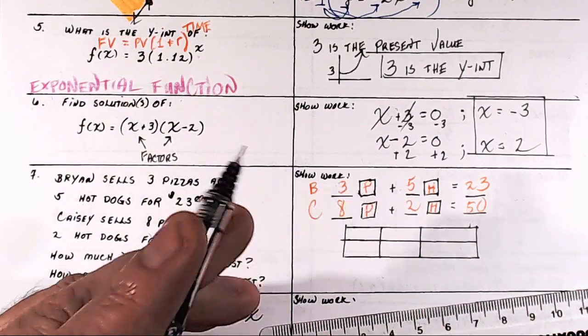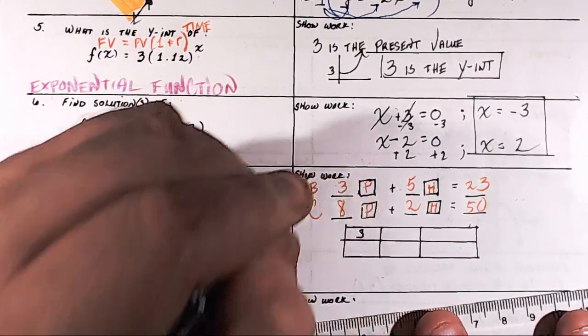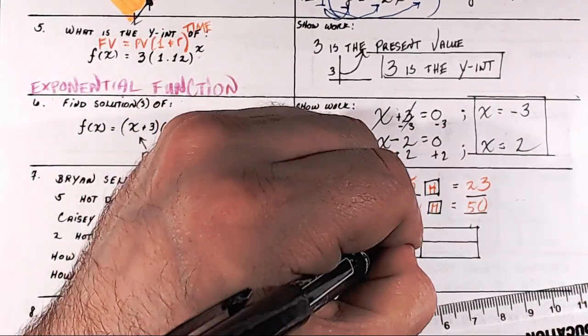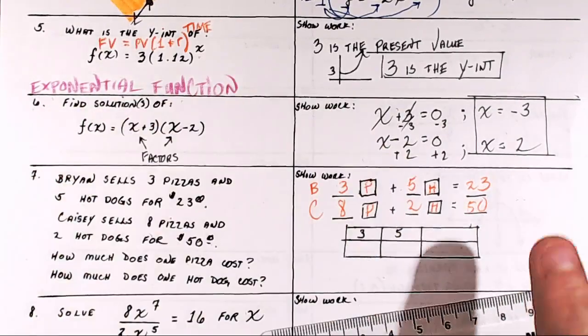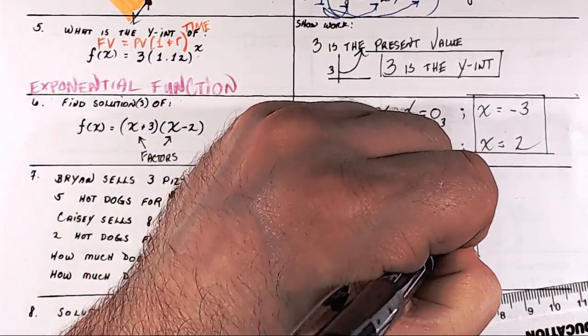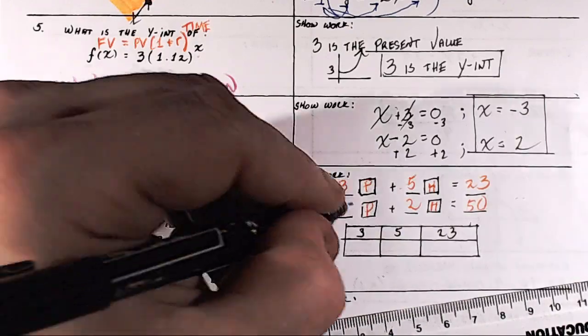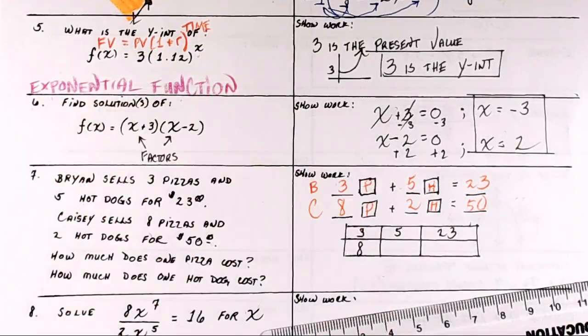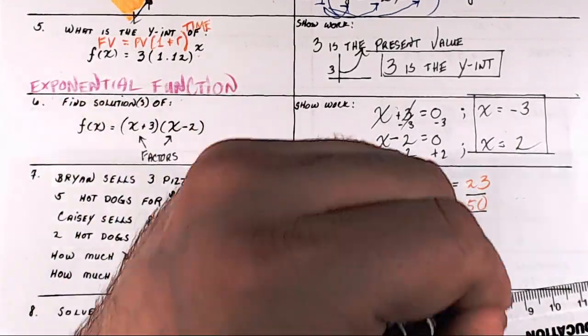So here, 3 goes right here, and 5 goes right here, and 23 goes right here. Bottom row is 8, 2, and 50.